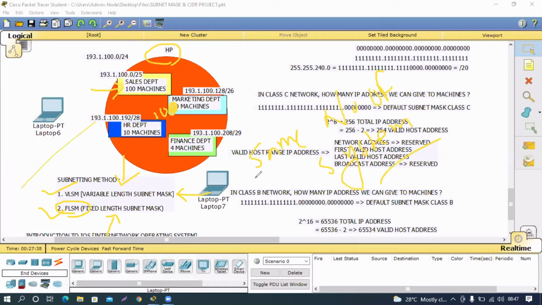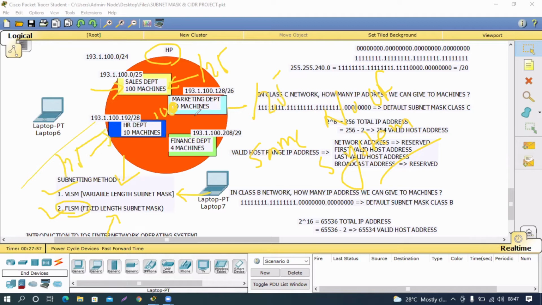That is why we don't use the fixed length subnet mask. If we are using slash 25 in this department, it means for this department also we have to use slash 25, and this department also slash 25.